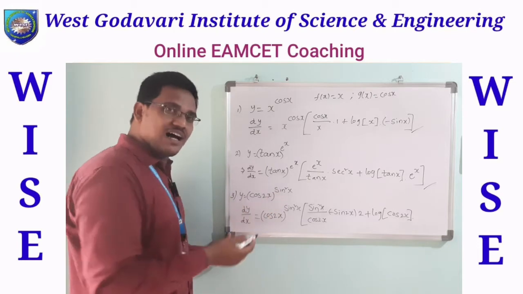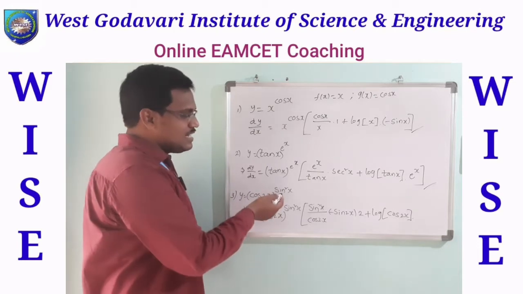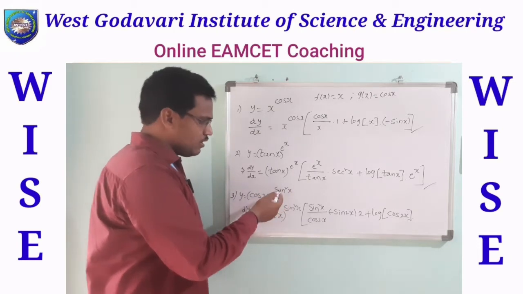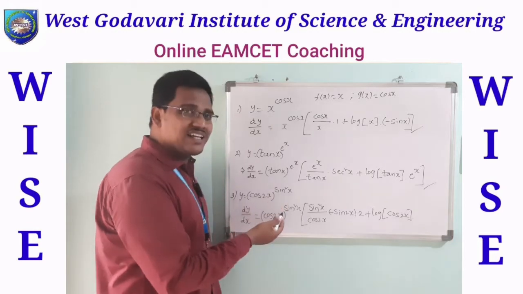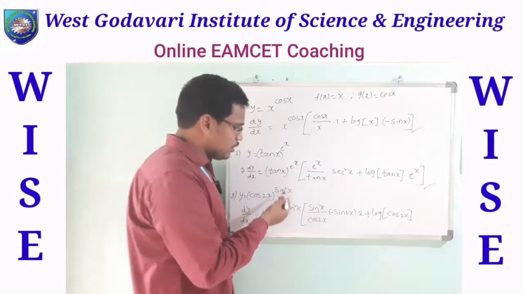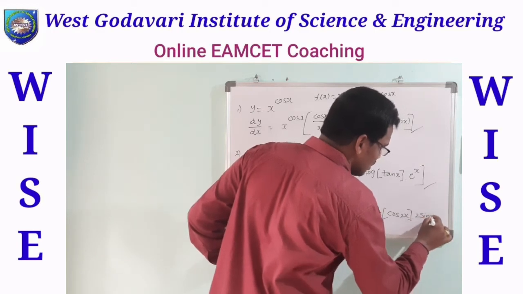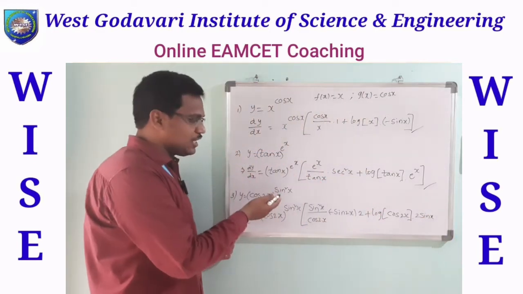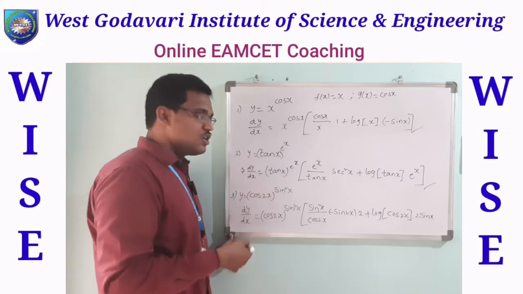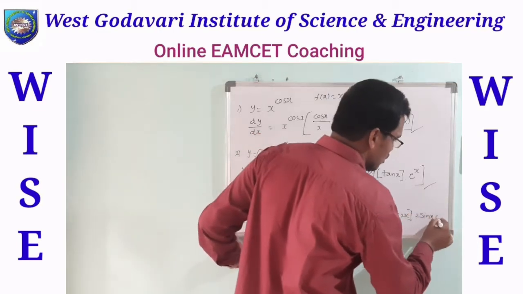Here g of x is sin square x, so g dash of x. We know the formula d by dx of x square is 2x, so here also 2 sin x. Now we have to again differentiate sin x with respect to x, so sin x differentiation is cos x.